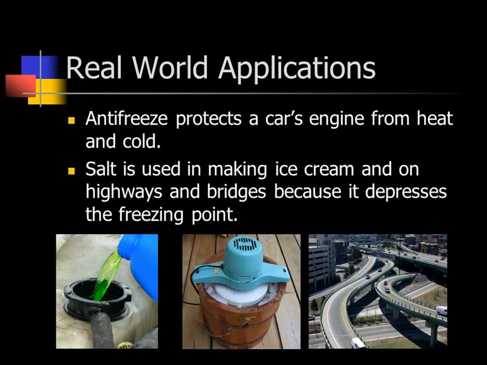The reason is this antifreeze coolant, a mixture of ethylene glycol and water. The next usage is salt used by ice cream vendors to make ice cream, so the ice cream will not melt easily. So this is the help of depression in freezing point in daily life.